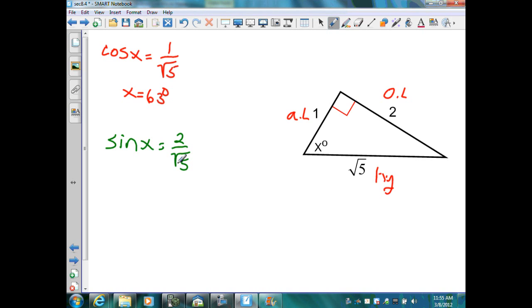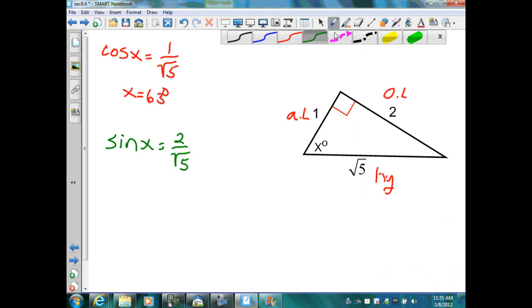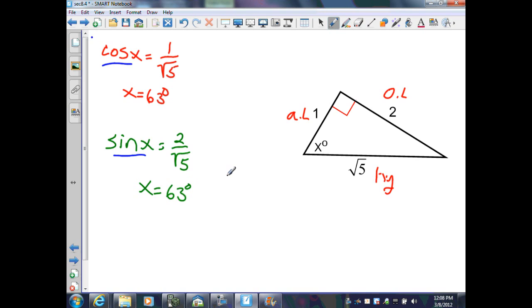Finding an angle, I know I need to substitute that into my calculator, which would be second sine, which would be 2 divided by the square root of 5. Press enter, and I get 63.4. When I round, again, I'm going to get x equal to 63 degrees.